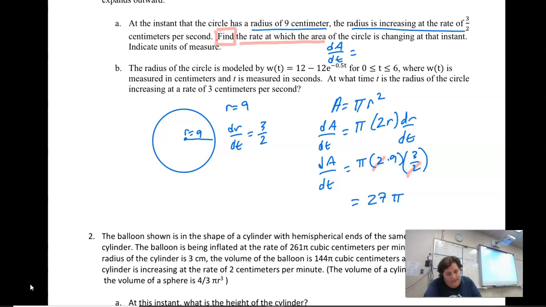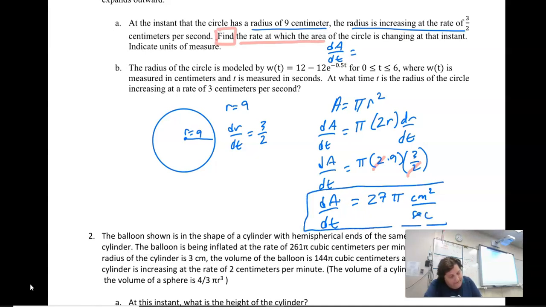This was in centimeters, and because it's area, I'm doing centimeters squared per time. I just have to see what the time is. It's per second. All right, so that's all for part A.